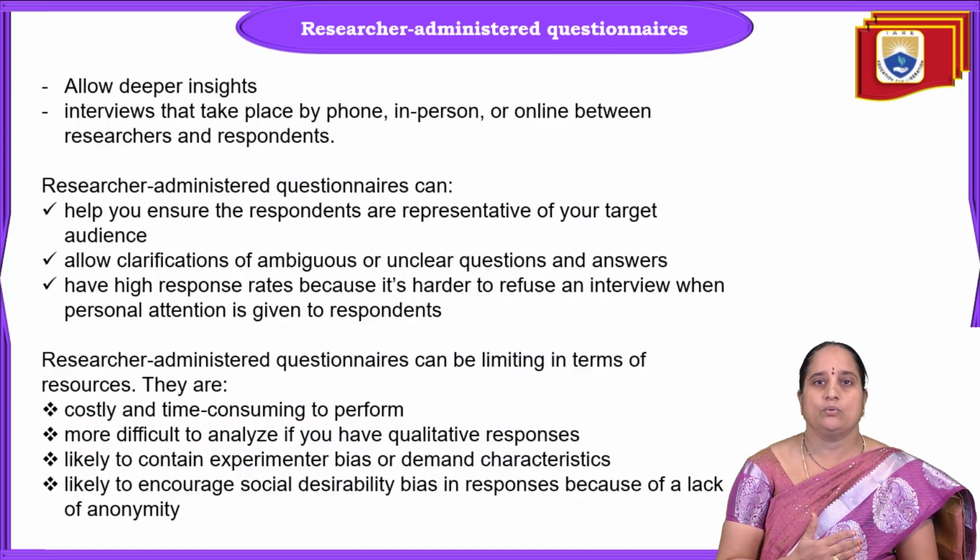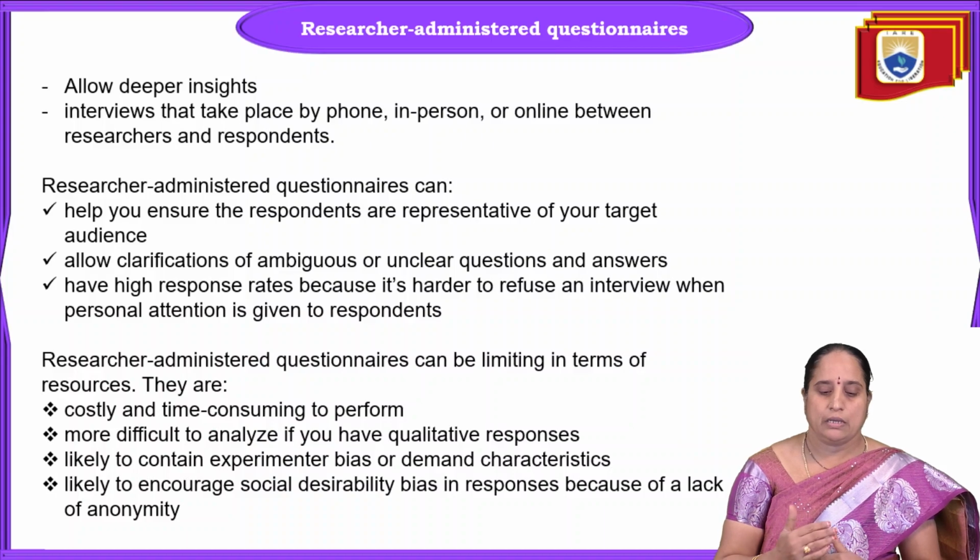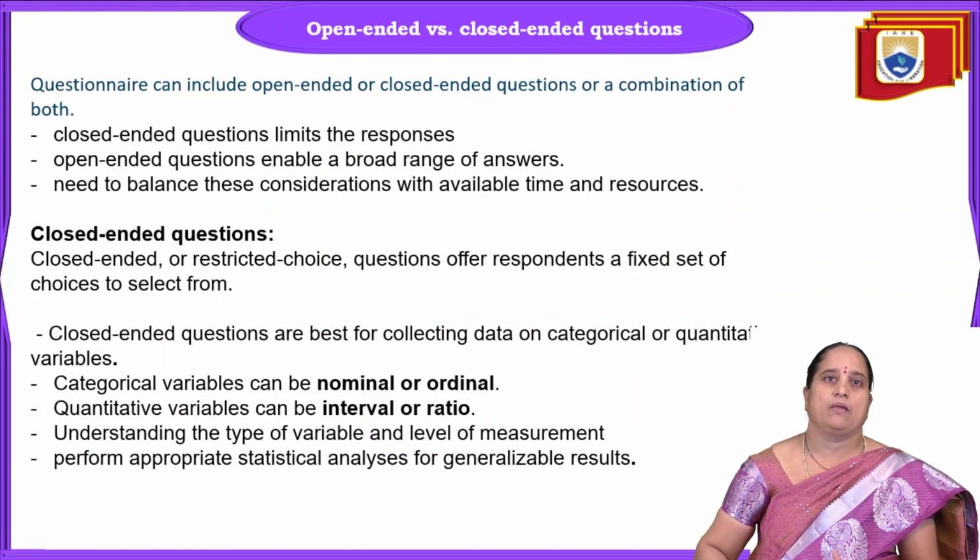It is likely to contain experimenter bias and demand characteristics. You cannot demand the respondent. Sometimes they may disclose certain things, sometimes they may not. It is also likely to encourage social desirability bias in response because of a lack of anonymity.